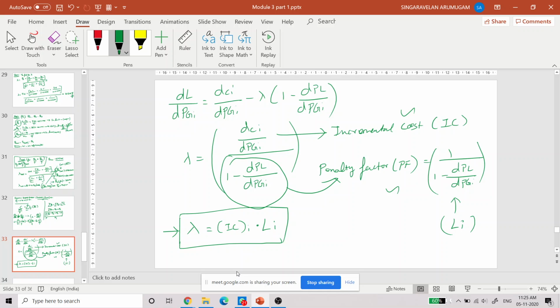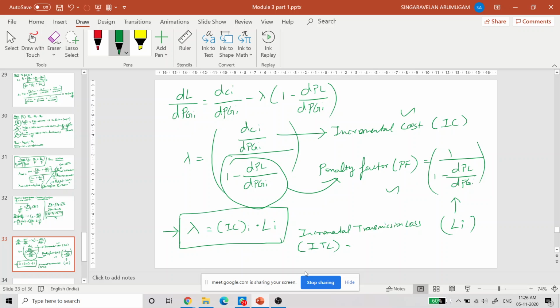And also, dPL divided by dPgi is nothing but the incremental transmission loss. So one more term I am telling, the incremental transmission loss. They will write this as ITL.